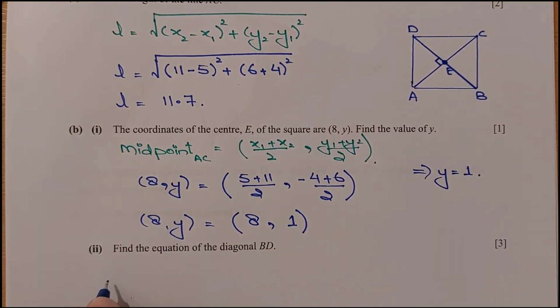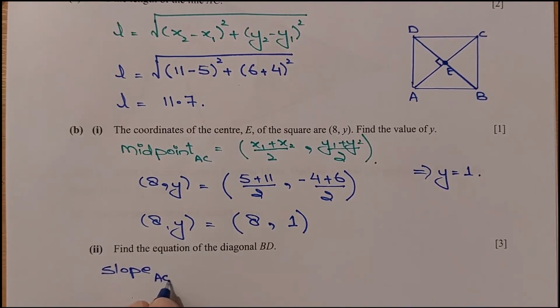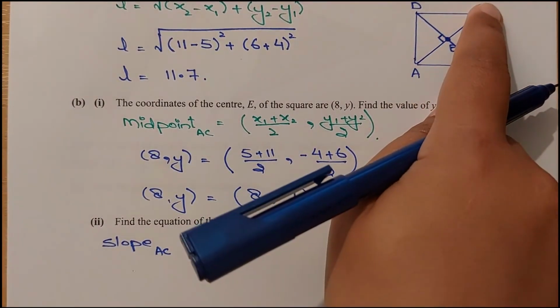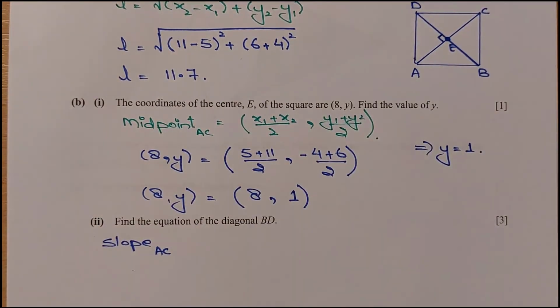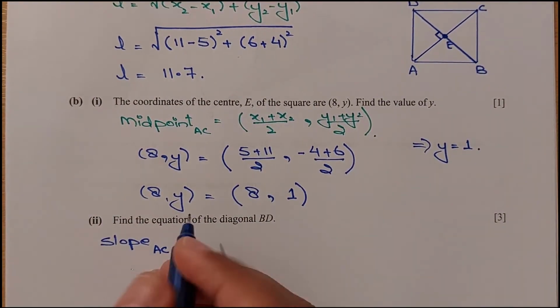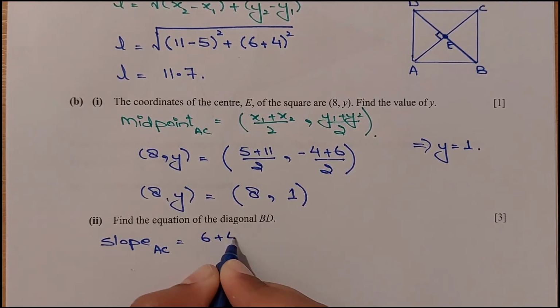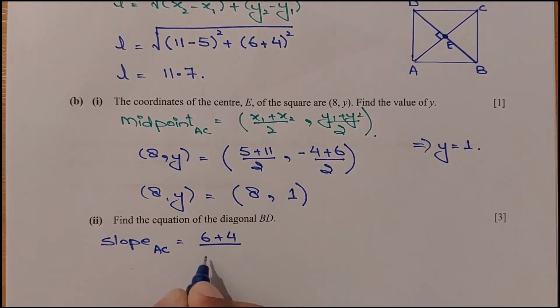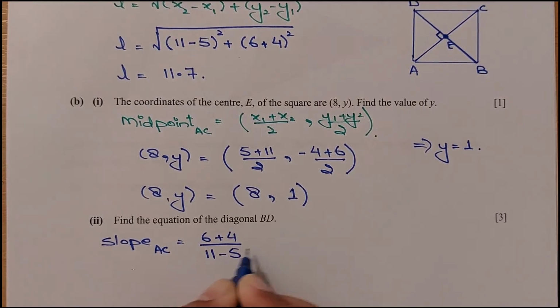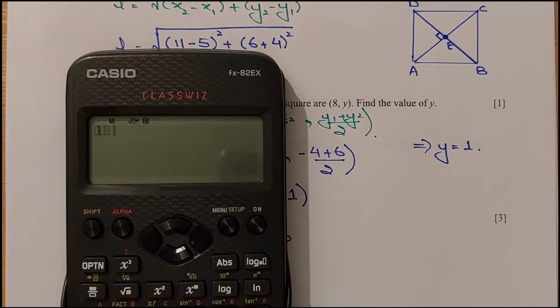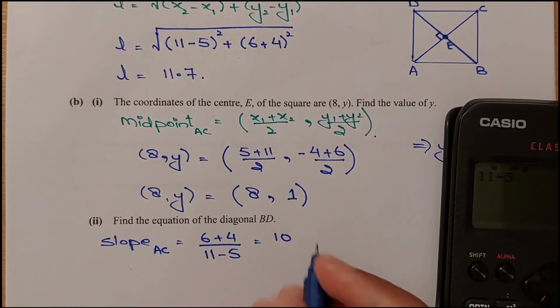So we need to find the slope of AC and convert the slope to a perpendicular slope, because AC is perpendicular to BD, since diagonals are perpendicular for a square. The slope is y2 minus y1, so 6 plus 4, divided by x2 minus x1, 11 minus 5, so that is 10, and 11 take away 5 is 6, so 10 by 6.